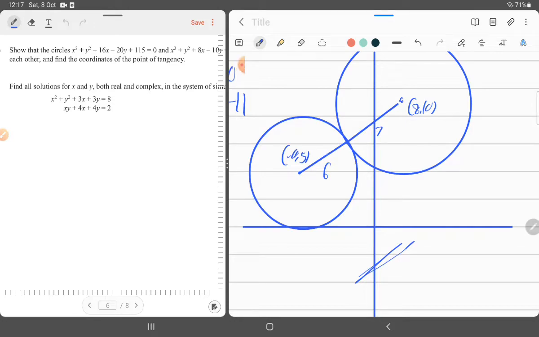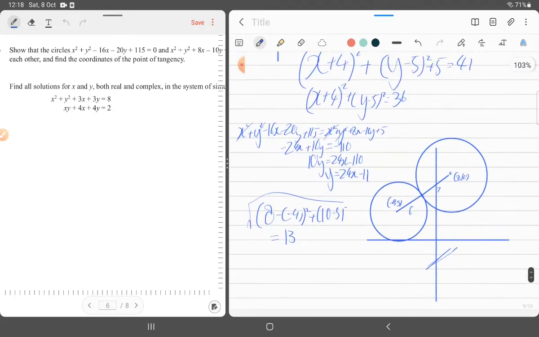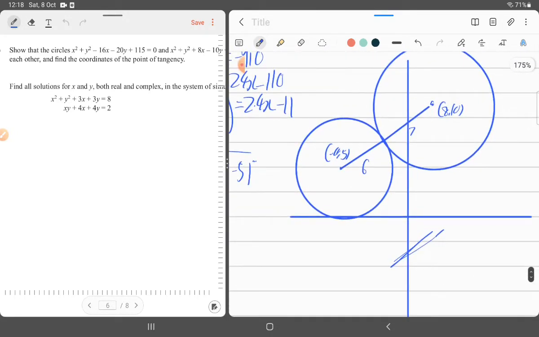So if I just drop here, this line is this.